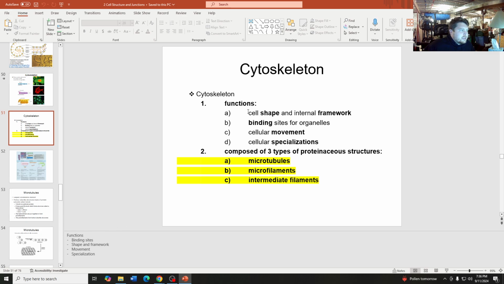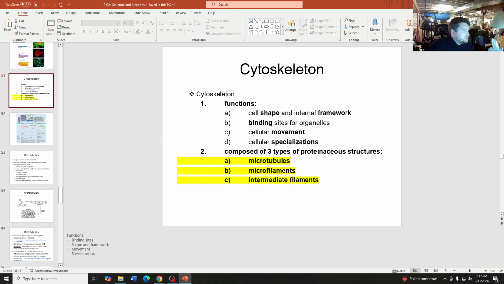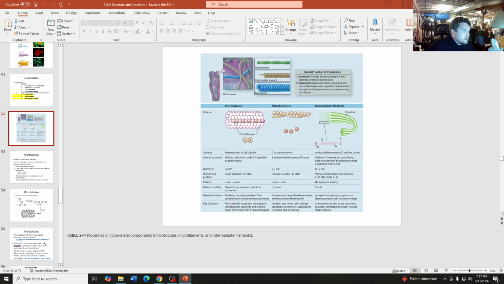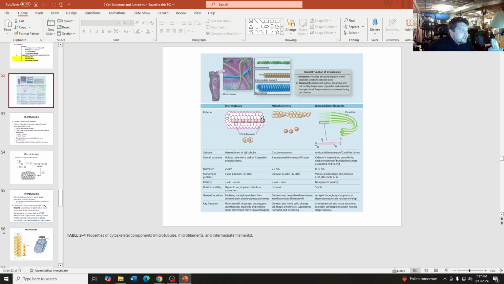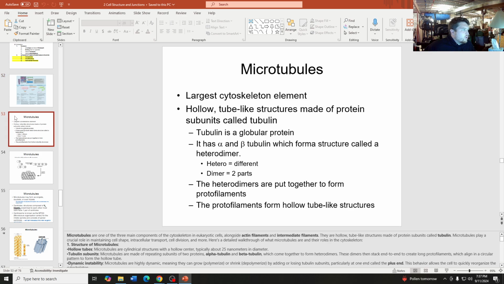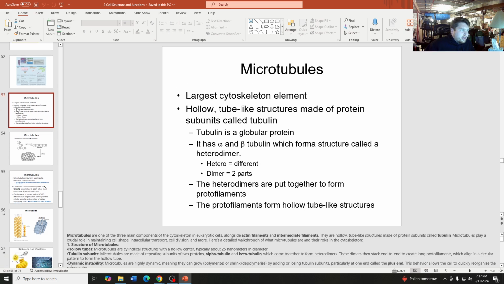It has binding sites, it helps keep its shape, it helps with movement, and also helps to specialize the specific cells. What we've seen here shows the general overall type stuff of all this. Again, we don't need to memorize every single bit and piece of this. Let's continue going with what we describe each component of.